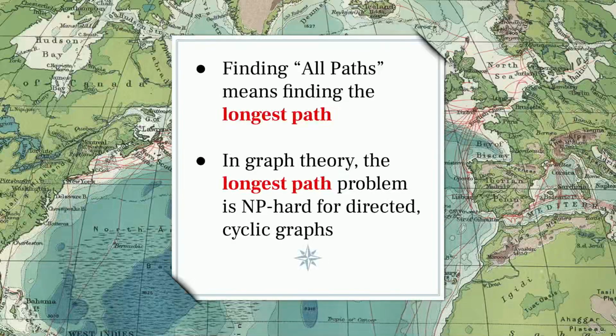Finding the longest path in a graph is a very well-studied problem in graph theory, and it is known to be NP-hard. This is true for directed cyclic graphs, which is what the BloodHound attack graph is. If it were an acyclic graph, then you could solve this problem in linear time, which also will be a very, very, very long time.